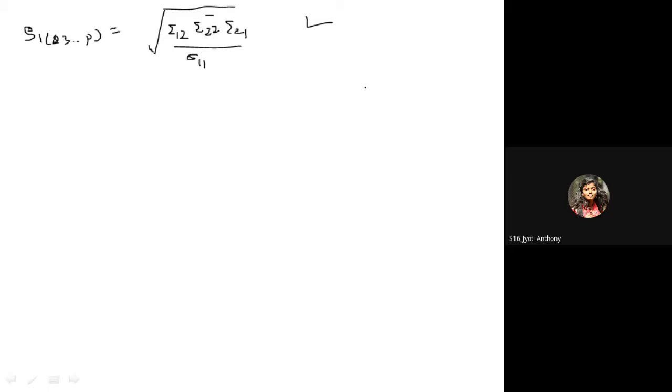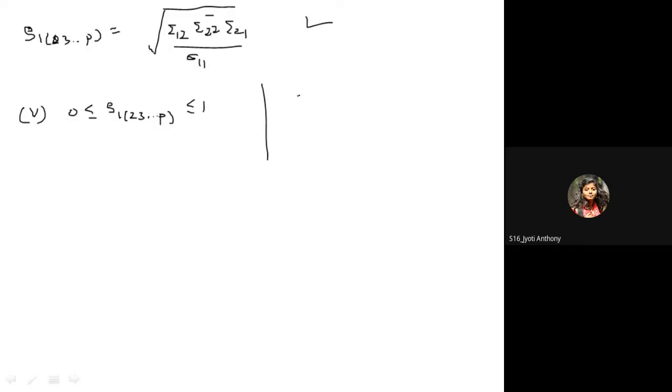Now the fifth property: the multiple correlation coefficient always lies between 0 and 1. Why do we say that the multiple correlation coefficient always lies between 0 and 1? So what is the multiple correlation coefficient?